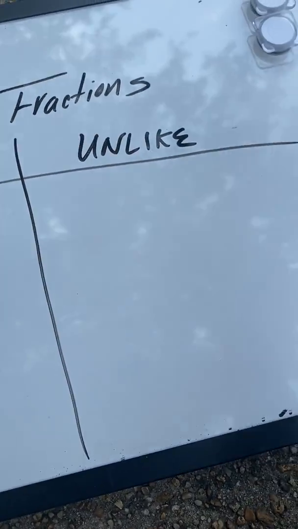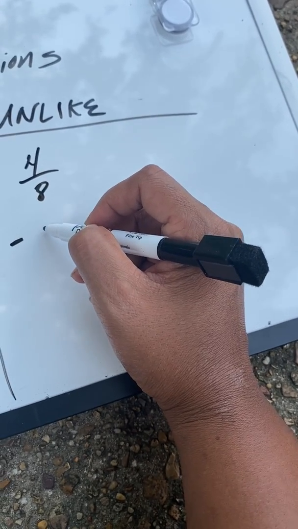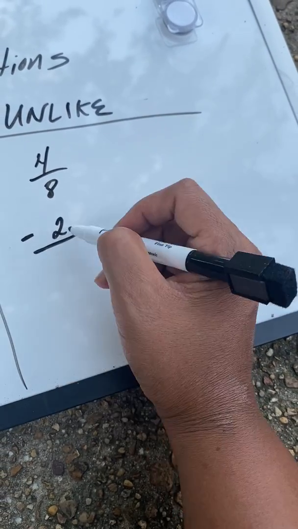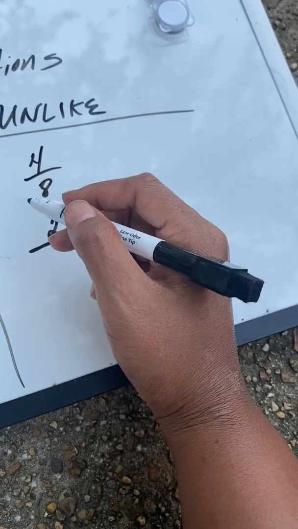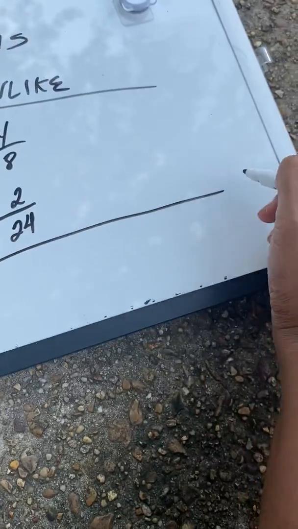With unlike denominators, 4 over 8 minus 2 over 24.